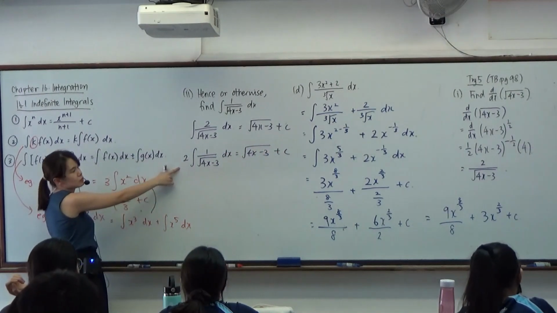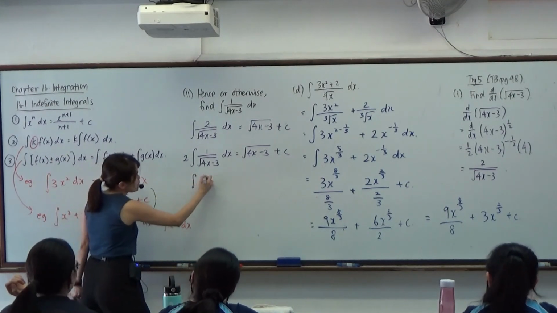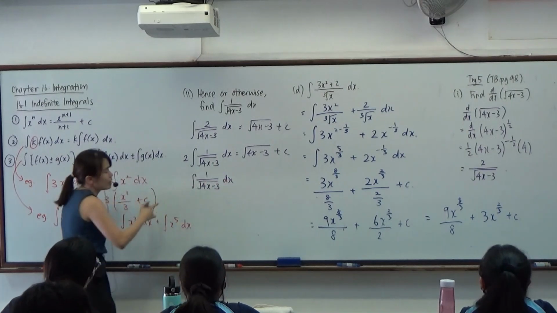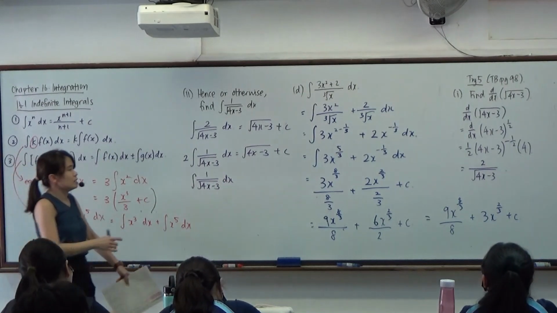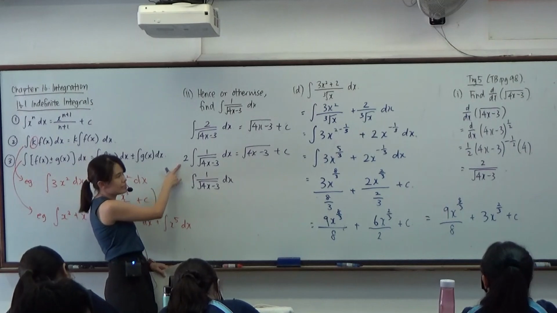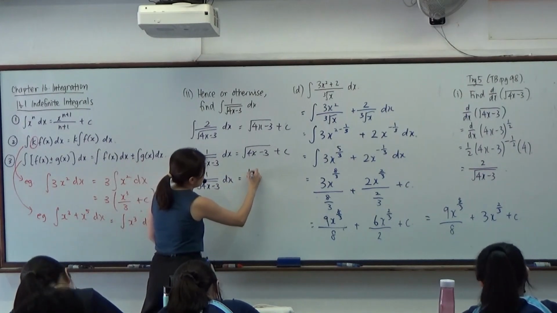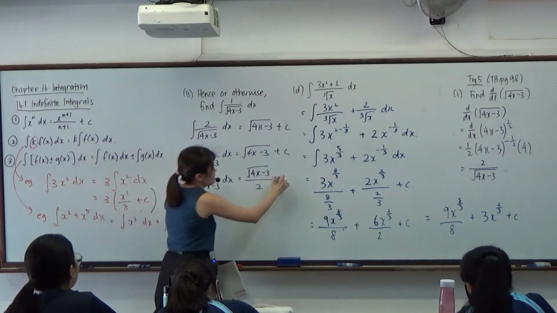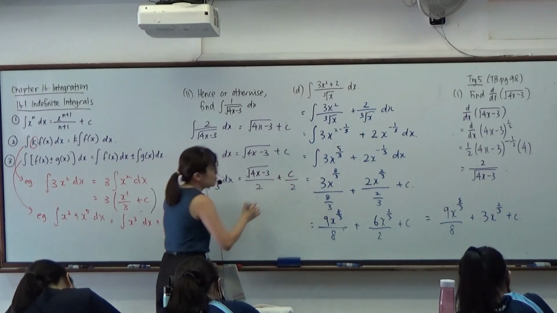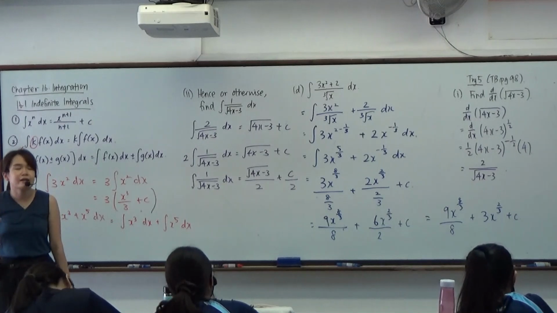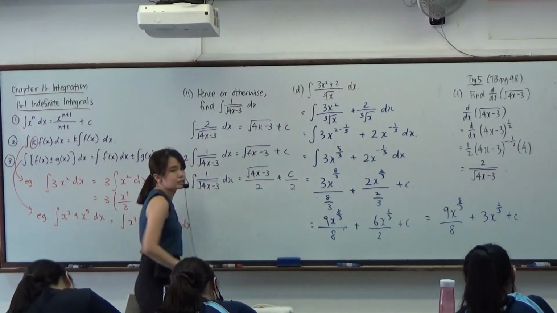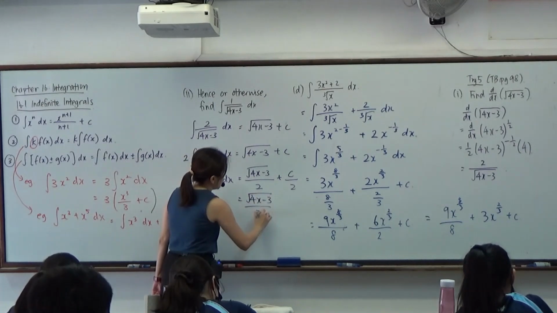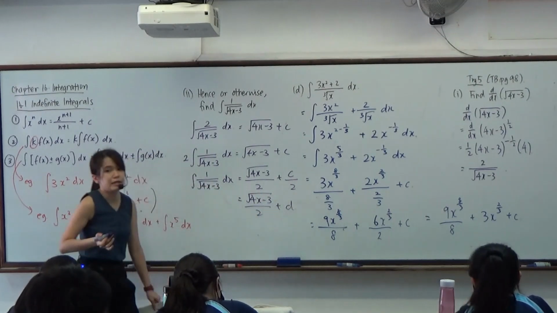Since my subject is to integrate 1 over square root 4x minus 3, I need to bring this 2 and divide it over to the other side. So I divide by 2. Likewise, my c will divide by 2. Just to be accurate, if you want to re-express your c over 2, you can write it as another letter d, that's fine.